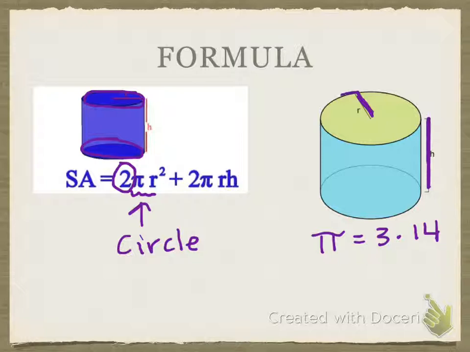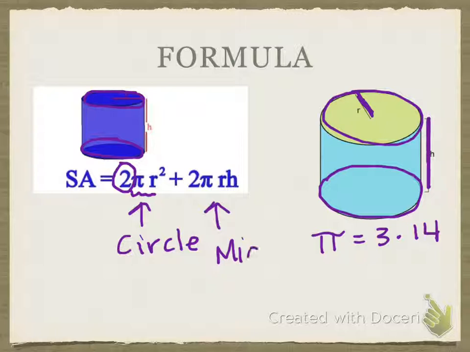And you can see over here on the side as well, 1 circle on the top and 1 circle on the bottom. So the first part of the formula represents 2 circles. And the second part of the formula represents the middle section of the cylinder. So you can remember the formula by remembering that the surface area is 2 circles plus the middle section.